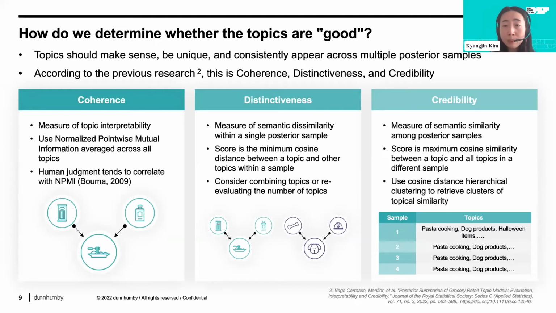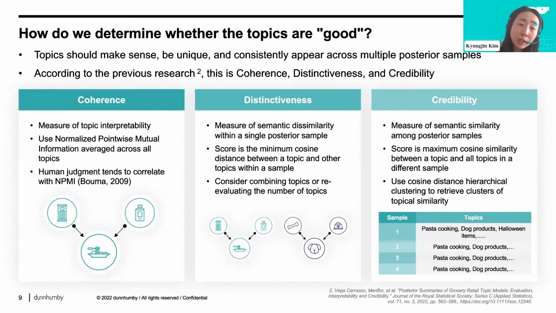Lastly, credibility is a measure of semantic similarity among posterior samples. Recurrent topics tend to appear several times across different posterior samples, showing higher credibility. In the examples in the table, pasta cooking and dog products appear in different samples, indicating they have high credibility.